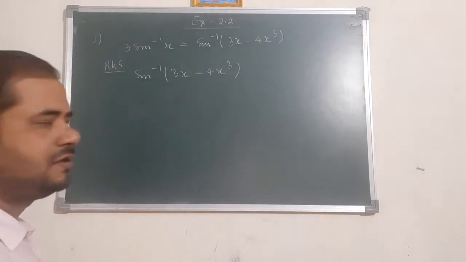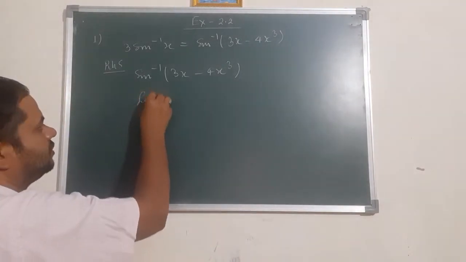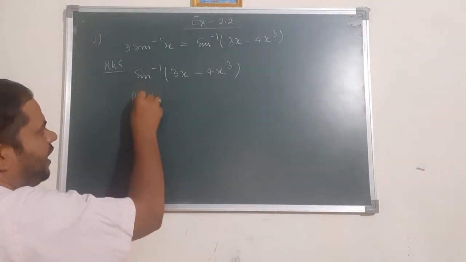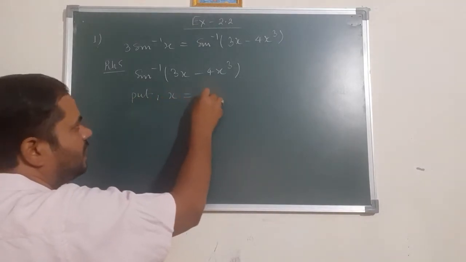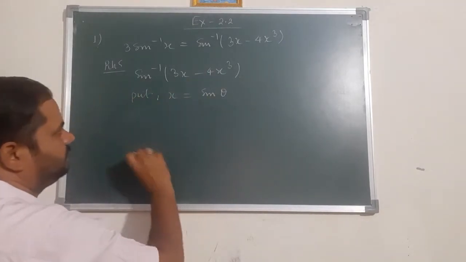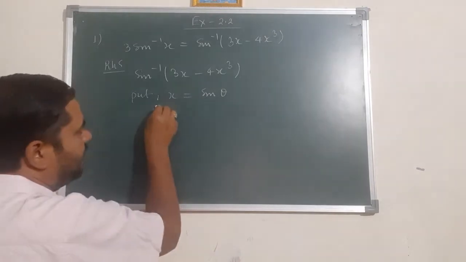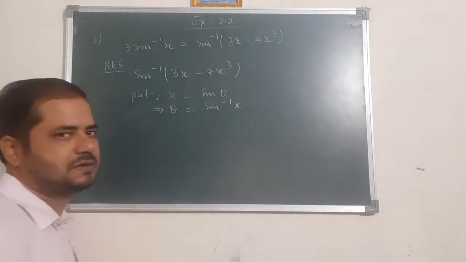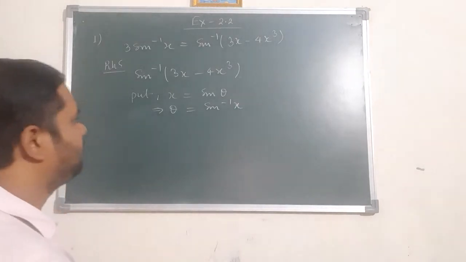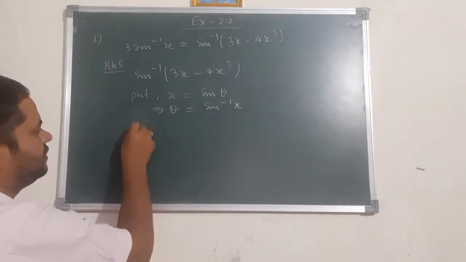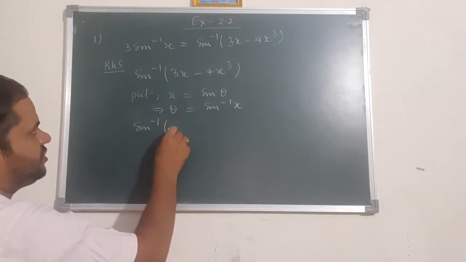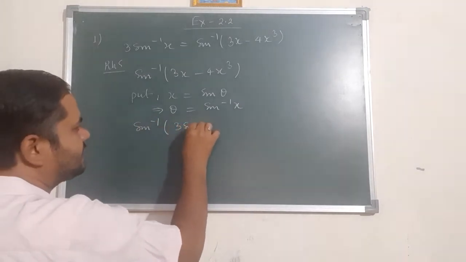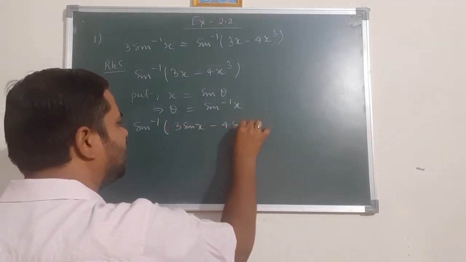Okay, so let us put x is equals to sine theta. Then this implies theta is equals to sine inverse of x. Okay, and put this value of x in this particular expression, 3 sine x minus 4 sine cube x.